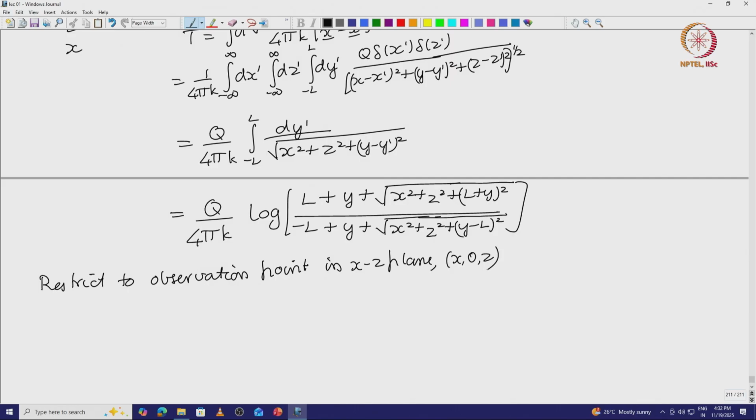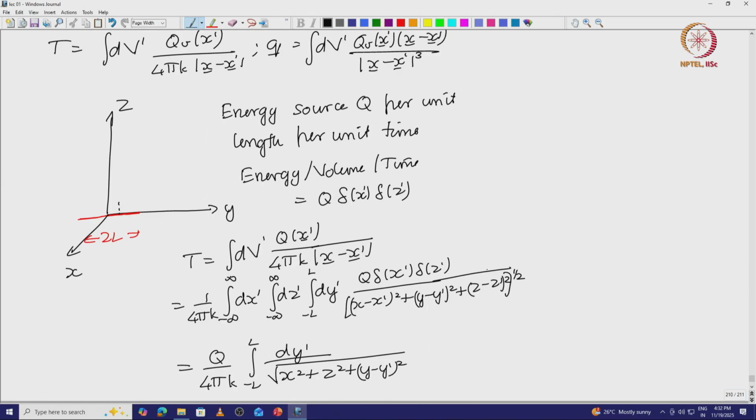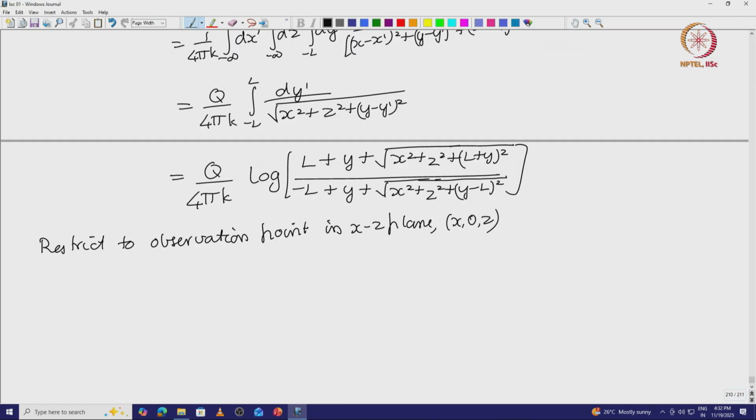Okay. Let us restrict ourselves to the observation point in the xz plane. In that case, the temperature field simplifies.